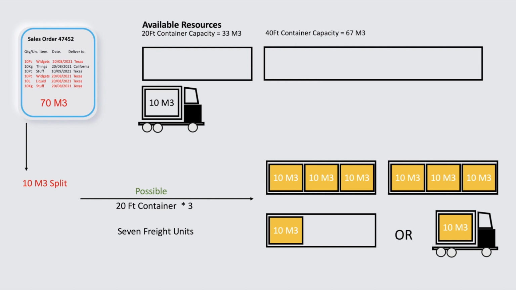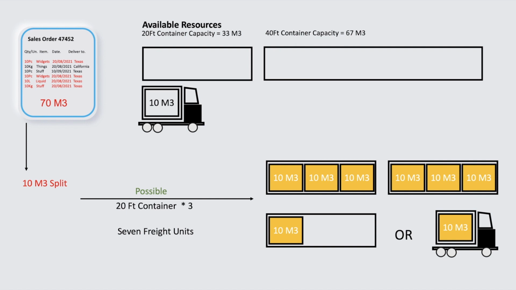In other words, as I said previously, if you were going to produce, let's say, freight units of 33 cubic meters, it would be impossible for you to load them onto those rigids that have a maximum capacity of 10 cubic meters. So to be able to leverage all of those resources that are at my disposal, namely the 20-40-foot container as well as the 10 cubic meter rigid, it means that I would need to indicate a split quantity of 10 cubic meters in my freight unit building rule.